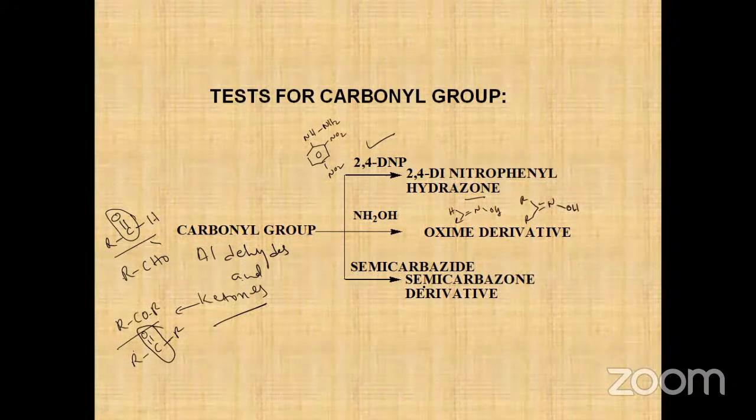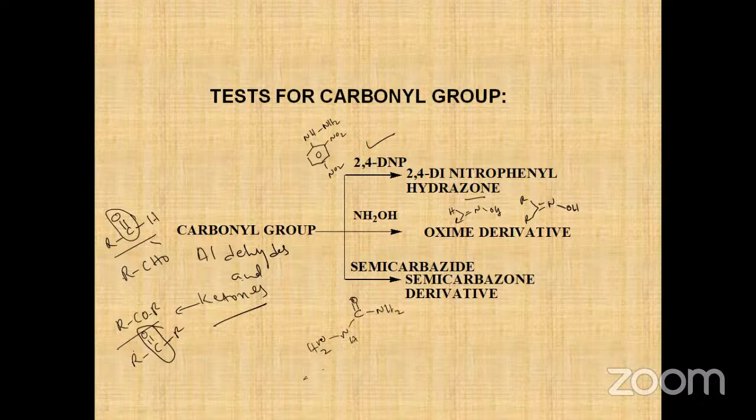Next, semicarbazide. Semicarbazide is like this: NH2, NH, NH2. This is the semicarbazide, right? Whenever you are treating the semicarbazide with the carbonyl compound, it leads to formation of a semicarbazone derivative.